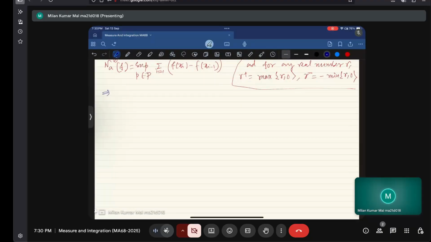Here, what is the condition given on f? f is absolutely continuous.